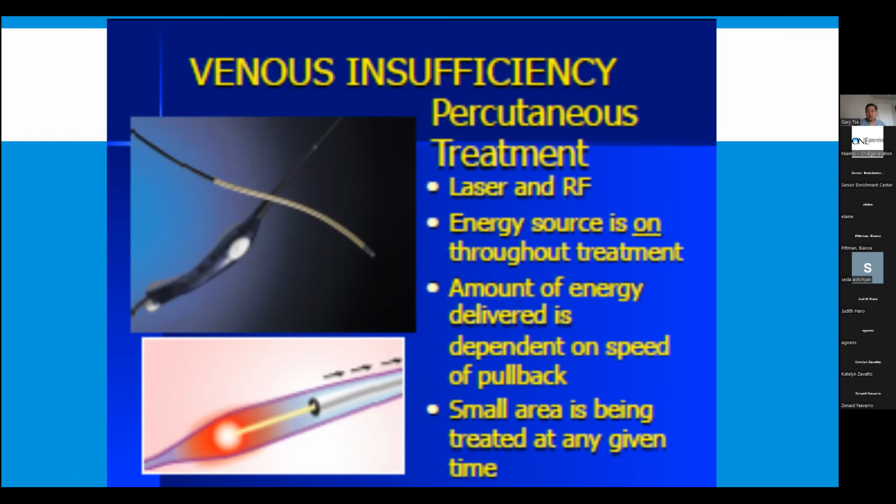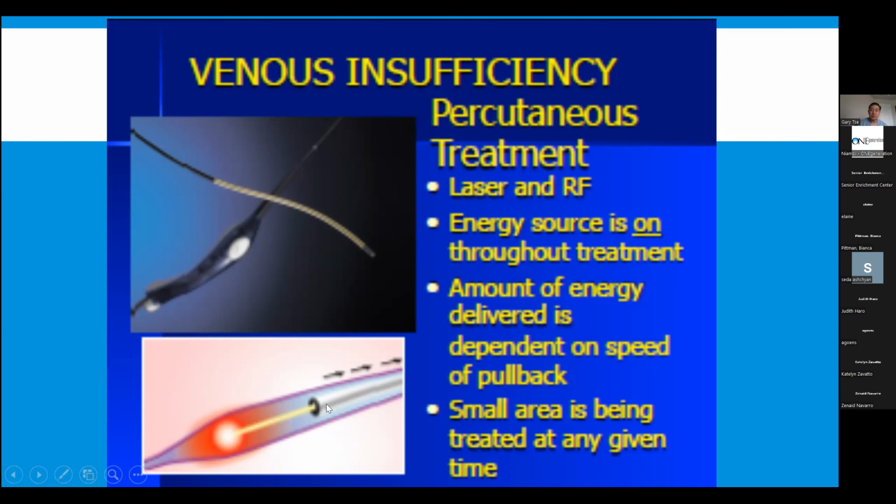So there are two veins that we primarily tackle. There are many others, but the main ones are the great saphenous vein and the small saphenous vein. One is from the medial ankle up to the medial thigh. The other one is from behind the ankle up to almost behind the knee. And we put a little probe in there and we drag it back. As you can see, if you can picture these two purple lines as the vein, this is the laser within it.